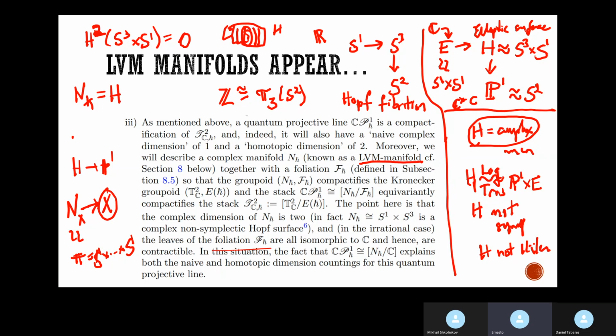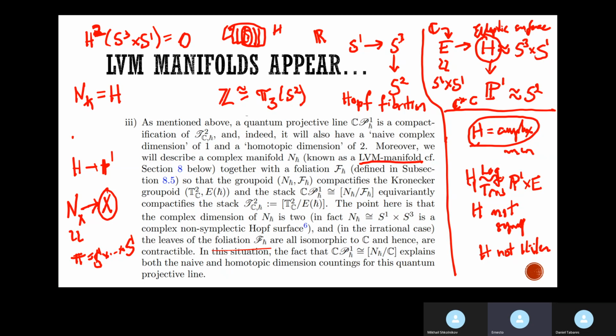So I get this kind of complex torus knots inside C star. But anyway, what I get is the Kronecker foliation. The restriction is just a Kronecker foliation in the one-dimensional case C star. So this compactifies the Kronecker foliation in an adequate fashion. So this Hopf surface gives us the clue as to how to proceed.